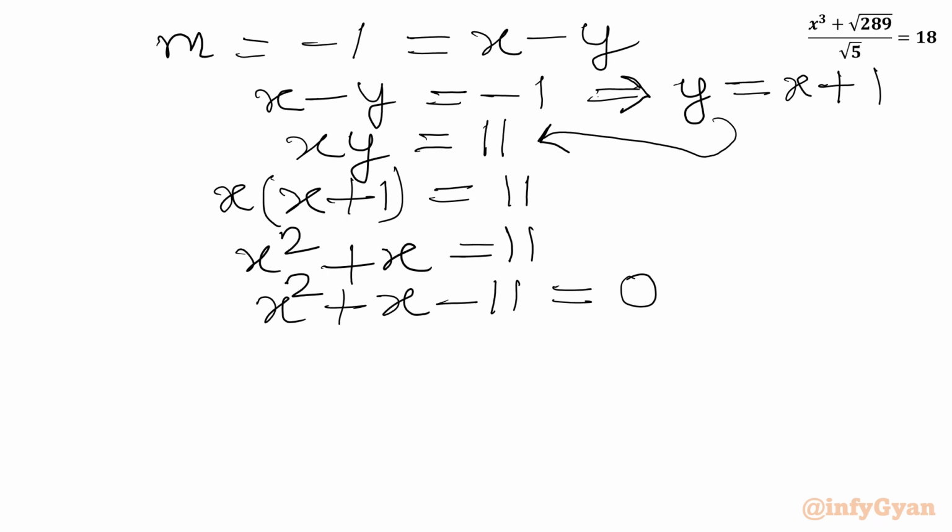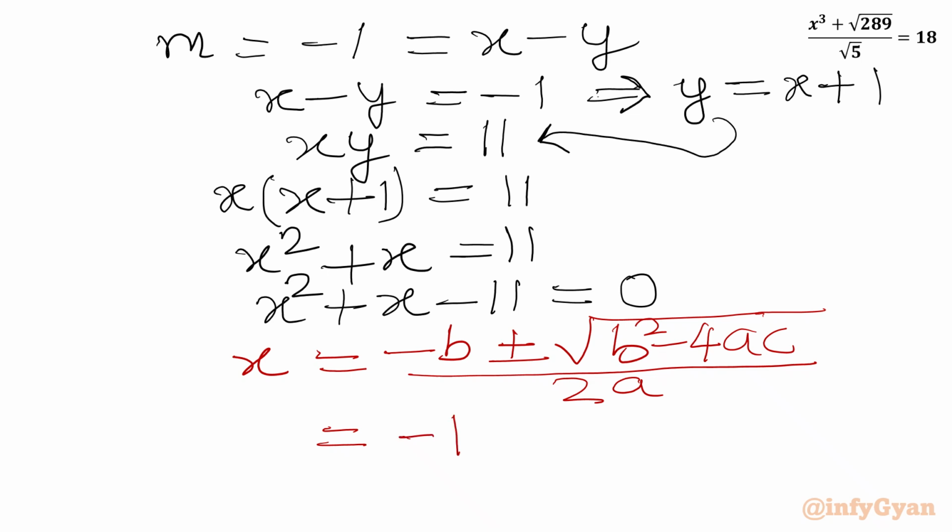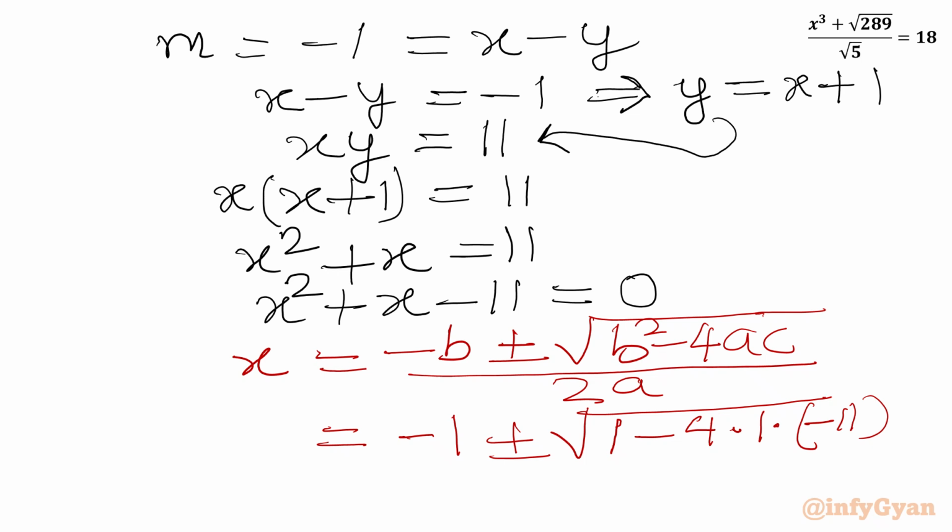So I will write here the value of x will be equal to minus b plus minus square root of b square minus 4ac over 2 times a. So this will be equal to minus 1 plus minus square root of 1 square is 1 minus 4 times 1 times minus 11. And denominator will be 2 times 1.